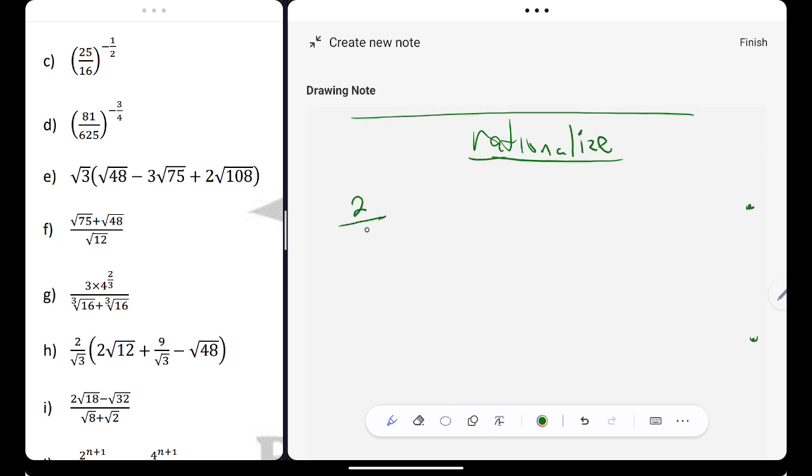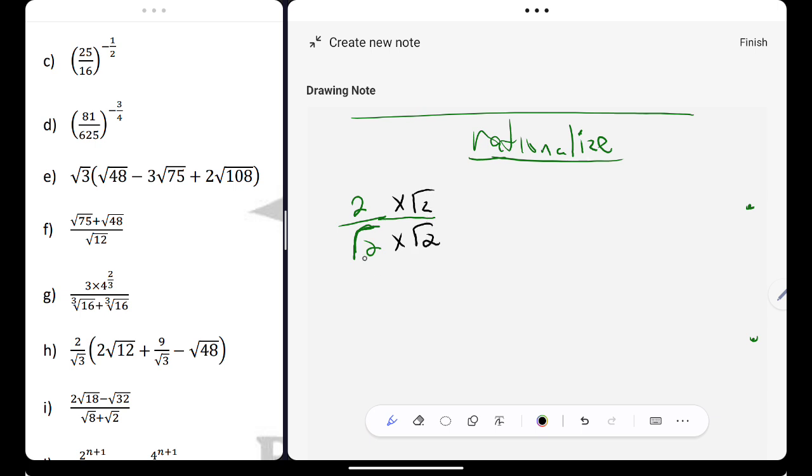If you have 2 over root 2 as a solution in maths, you must never leave your answer having a denominator with a radical sign. Alright, together. So in this case, what you need to do is to multiply the top and bottom by what you want to remove.